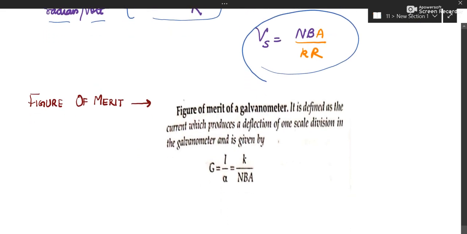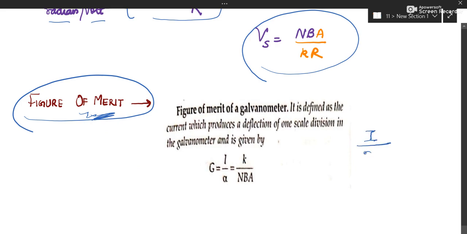Now this is the last term related to the moving coil galvanometer, figure of merit. This is the reciprocal of current sensitivity. Though it is not defined like that, it is the reciprocal. So here it will be current per unit angle of twist. I have denoted angle of twist by theta in my derivation. Now you can substitute I, which is k theta by NBA, and this is theta.